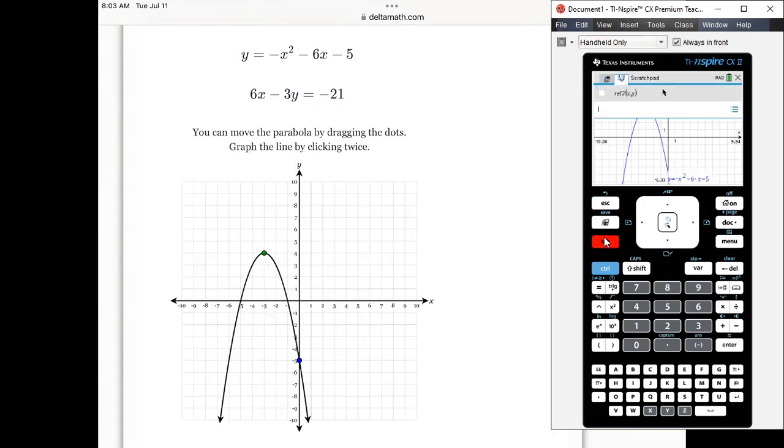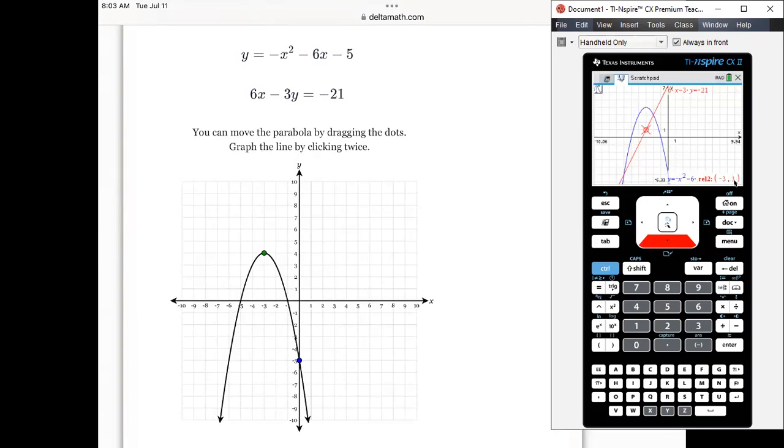So we just press tab and we're going to put 6x minus 3y equals negative 21. Press enter. All right, so we got to get 2 points from here and then we'll be good. So menu 51 again. You arrow down to get to the next one.